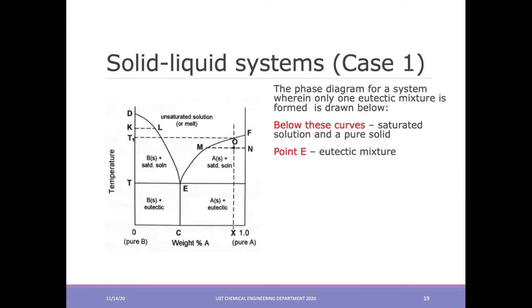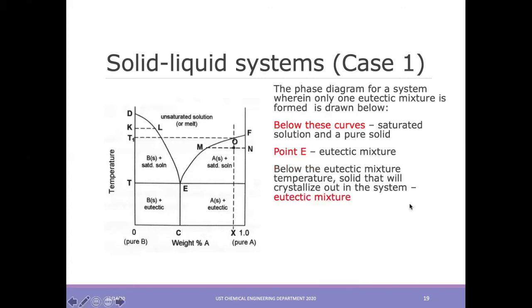In the eutectic mixture, the system is invariant and can exist only at one unique temperature and a fixed concentration C. Below the eutectic mixture temperature, solid will crystallize out in the system. This is called the eutectic mixture. On the right side we have solid A plus eutectic mixture, and on the left side we have solid B plus the eutectic mixture.